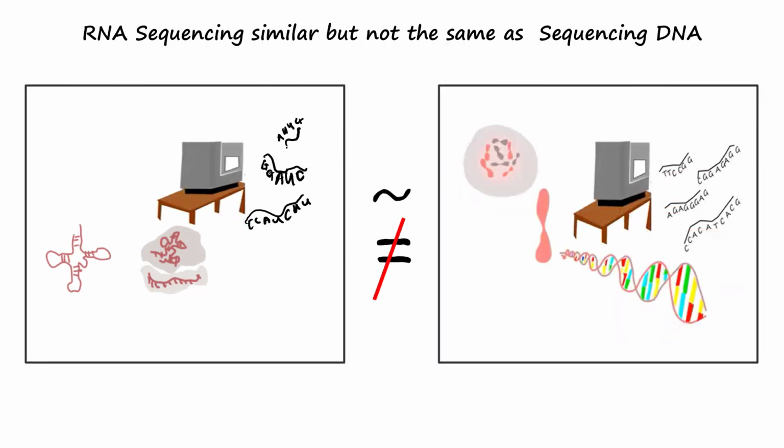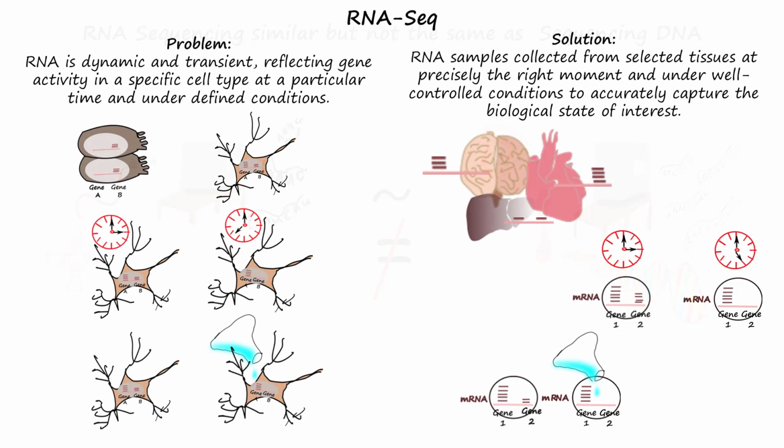RNA-seq presents a distinct set of biological, technical, and analytical challenges compared with DNA sequencing. One major challenge stems from the fact that RNA is dynamic and transient, whereas DNA is relatively stable.